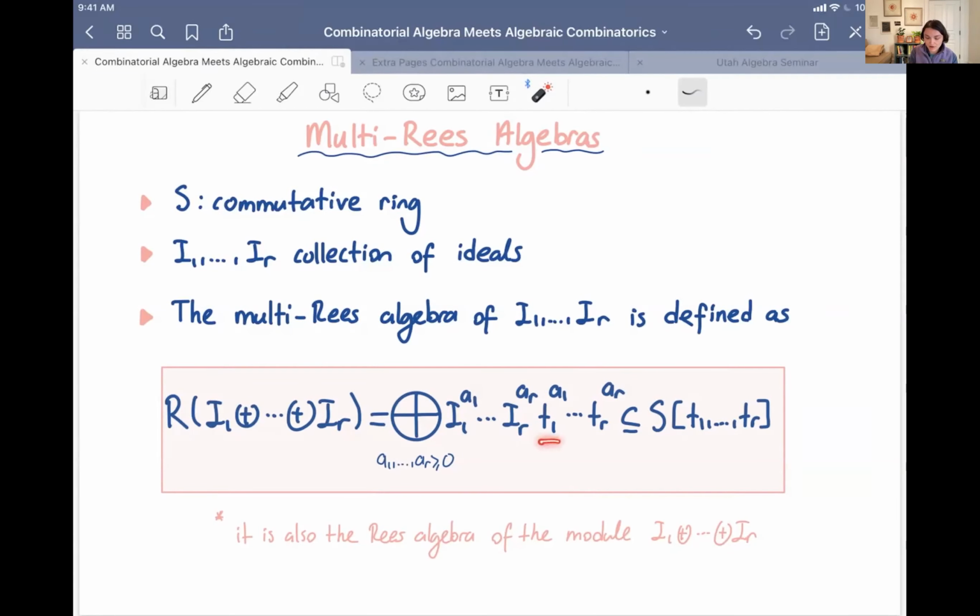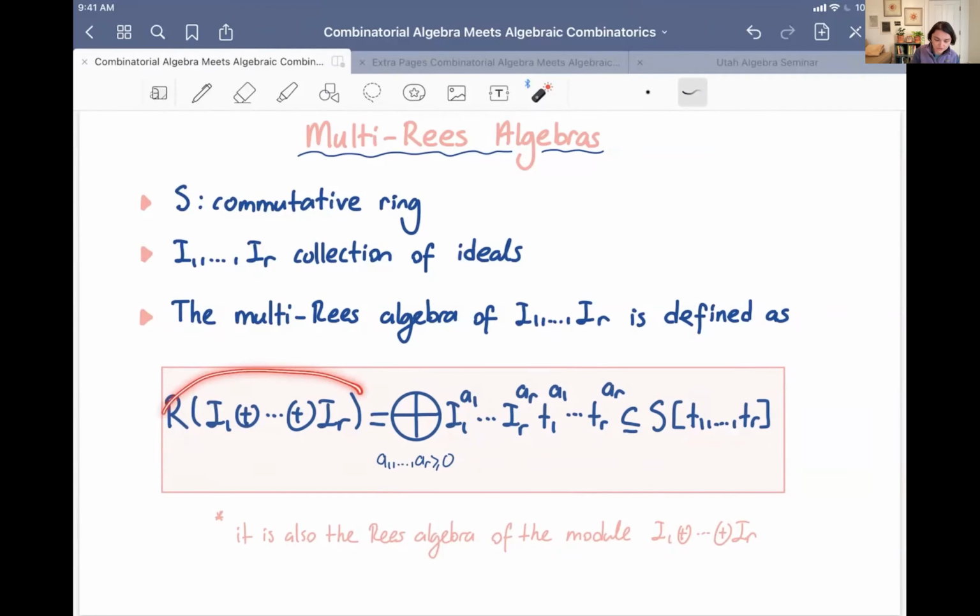So we will have r many bookkeeping variables to say which ideal is appearing at which degree, so that we know each one's contribution. And you see that this lives inside the extended ring S with those auxiliary variables added to it.